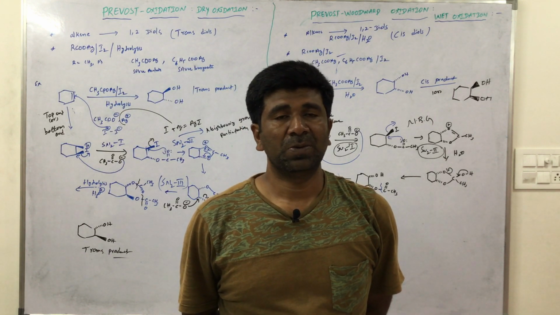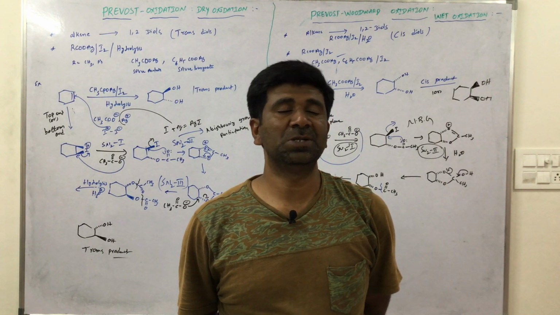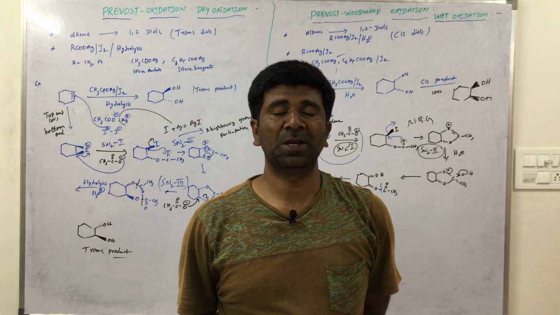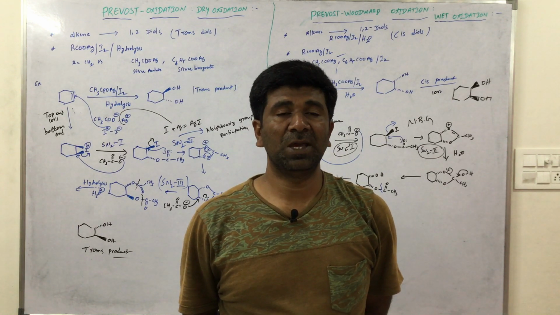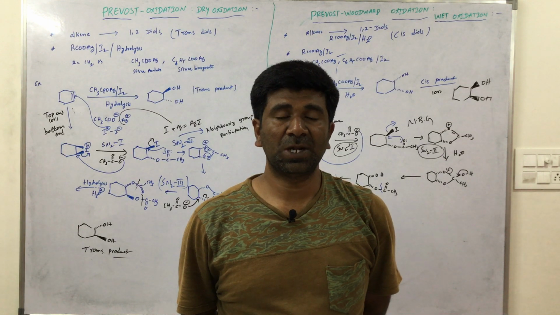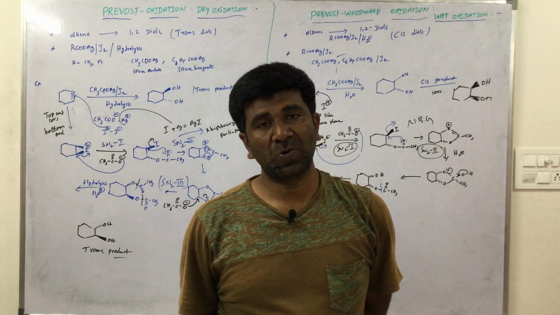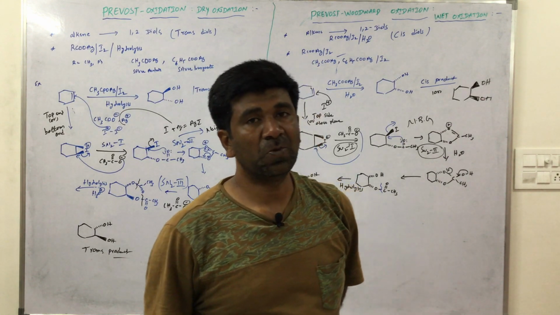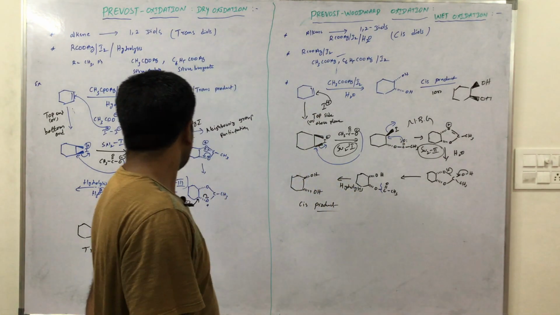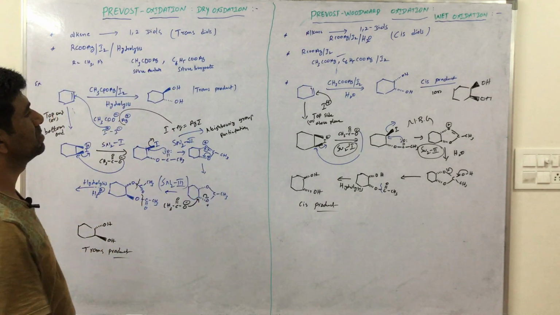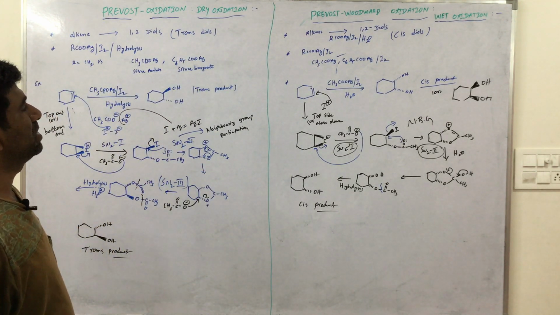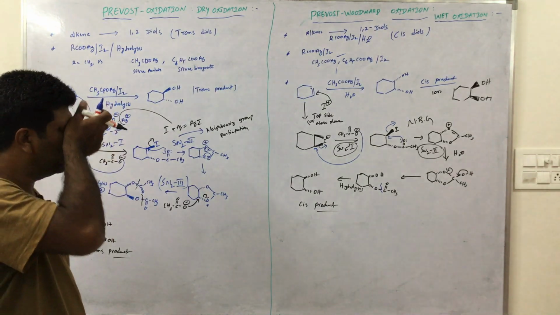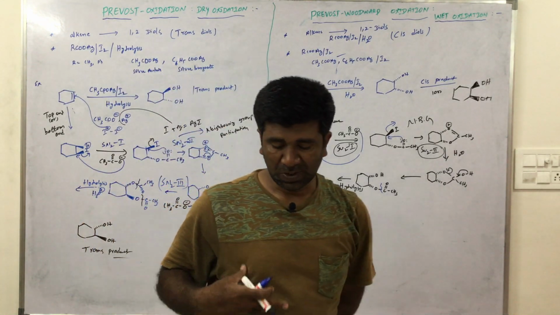In questions, very confusing questions in CSIR, IIT JEE or NEET exams, observe the reagent carefully, with hydrolysis or without hydrolysis, with water or without water. With water we get the cis product. Without water we get the trans product. Observe carefully and go through some examples in your textbook.